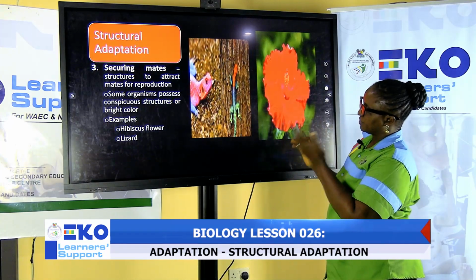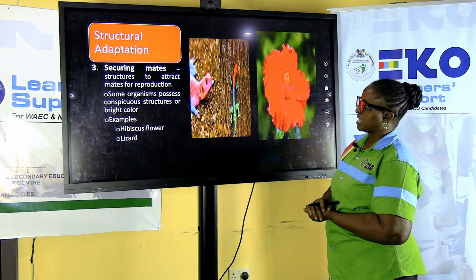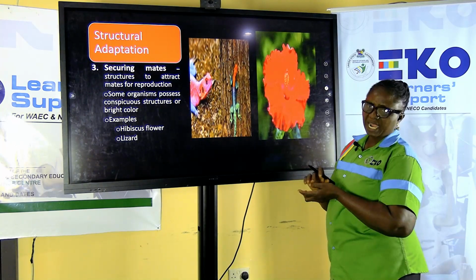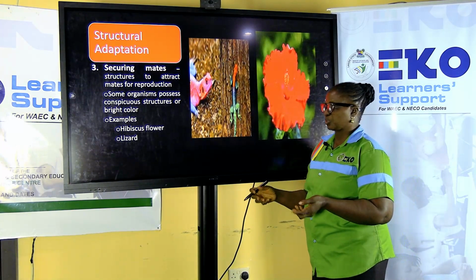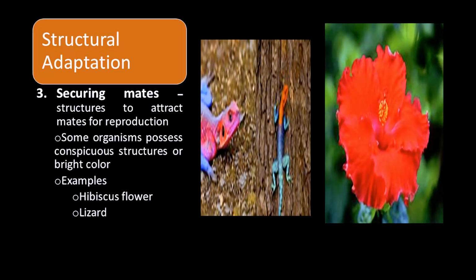Here we have securing mates, another form of structural adaptation, meaning some organisms have features or structures that enable them to do what? Secure mates. Here we have animals, we have plants, and you can see these two. What do they have? They possess attractive or bright colors.